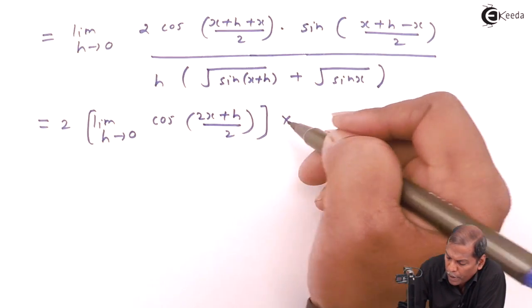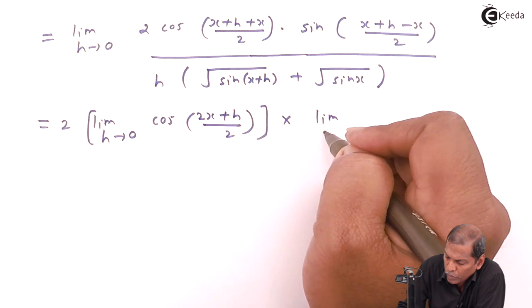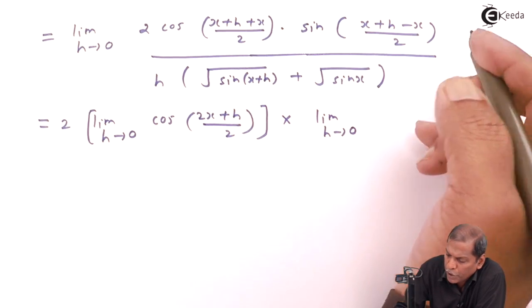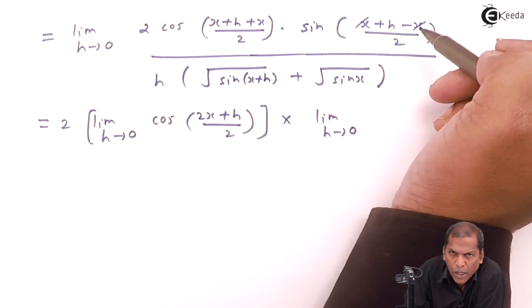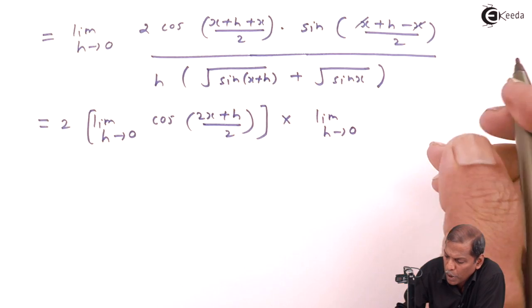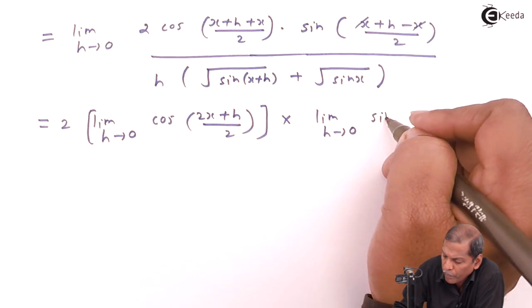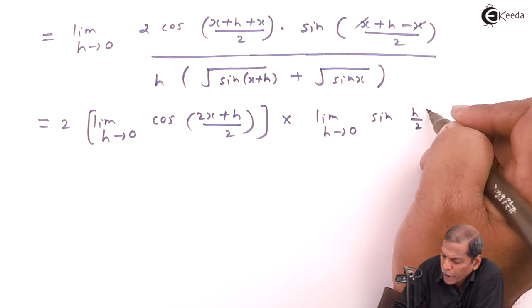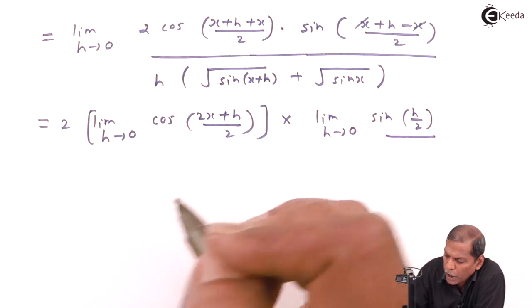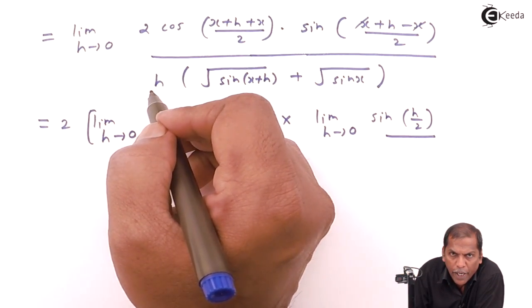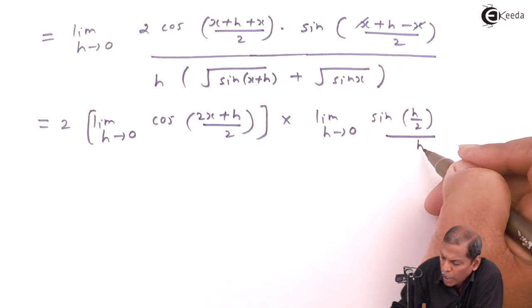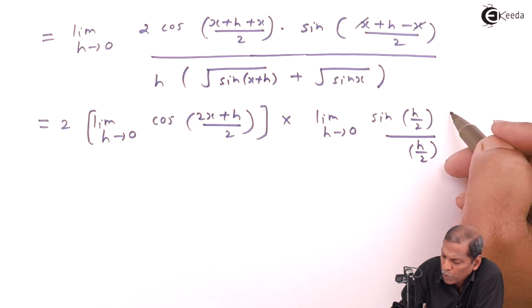Now in the second limit we write limit h tends to 0, we cancel plus x minus x, so in the bracket we are left with sin of h by 2, and in the denominator also we have h, so that also I can write h by 2.